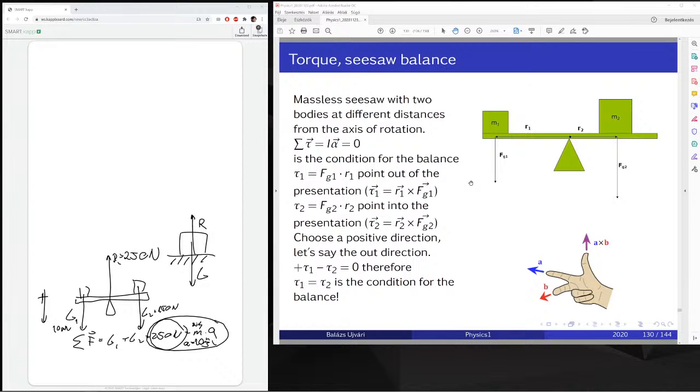And now let's go back to the sum of the torque. We know this is plus torque 1 minus torque 2. This is the torque 1, torque 2. What is the torque from this reaction force? How can we calculate it? How does this force try to rotate this seesaw?